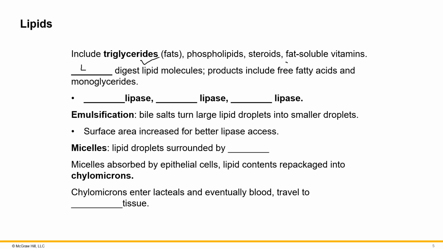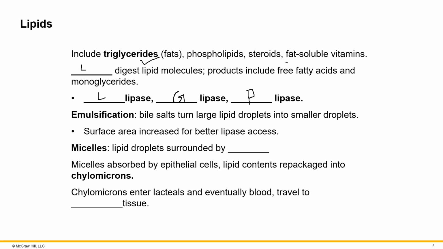Throughout our digestive system unit, we've seen three types of lipases. First is lingual lipase, secreted in the oral cavity. Next is gastric lipase, secreted in the stomach. And then you have pancreatic lipase, which is secreted into the duodenum by the pancreas.